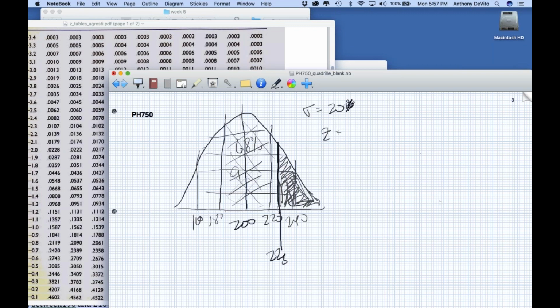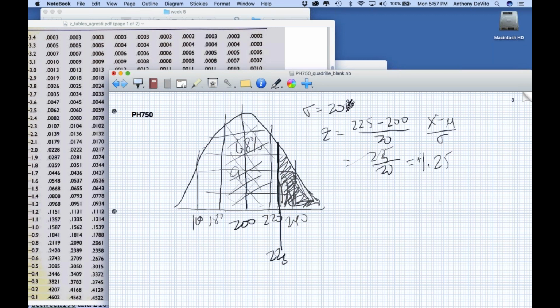The Z score is equal to the value I'm interested in, 225, x, minus the mean over the standard deviation, 20. X minus mu over sigma. So that's going to be equal to 25 over 20, which is 1.25, 1 and a quarter. My Z score is plus 1.25.